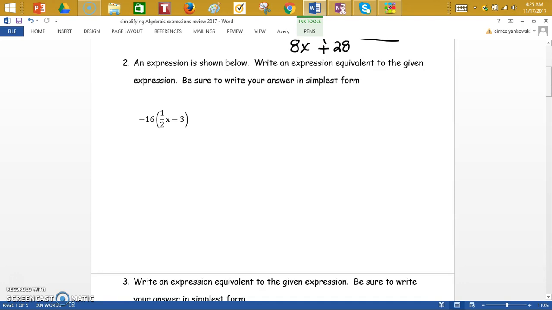It says, an expression is shown below. You're going to be just simplifying expressions all over this quiz, I bet. Write an expression equivalent to the given expression. Be sure to write your answer in simplest form. Okay, as soon as I see a number outside a set of parentheses, I know I'm going to distribute, which means to multiply through the parentheses.